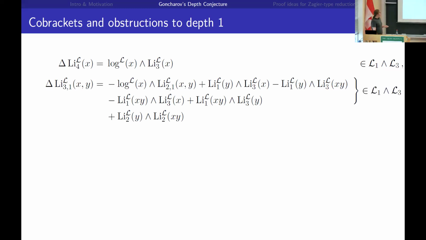The thing I wanted to point out here is that the Li4 stuff has a component that's log, so weight 1, wedge something that's weight n minus 1. All of the Li4 stuff looks like that. And if you change the variable x to some rational function, you just get the same. They all live in this L1 wedge L3 space, the weight 1 wedge weight 3 stuff.